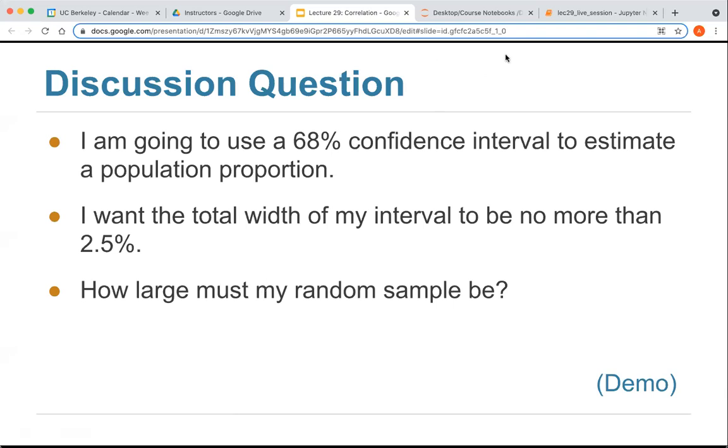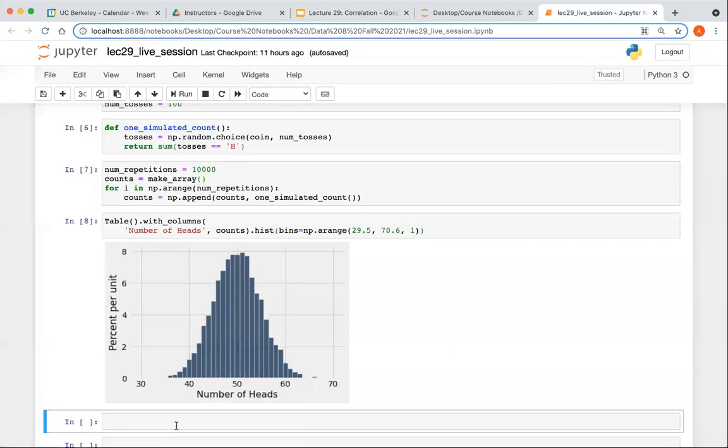So the total width is 2 times the SD, 0, 1 population SD. And then just by algebra, the sample size is going to be obtained by dividing by the width.